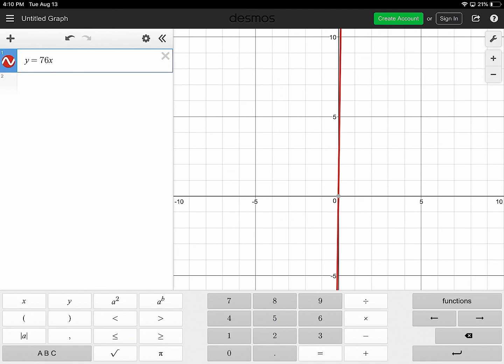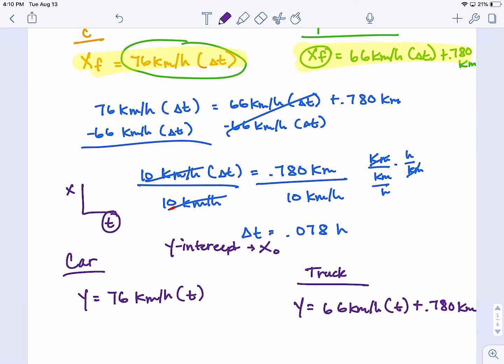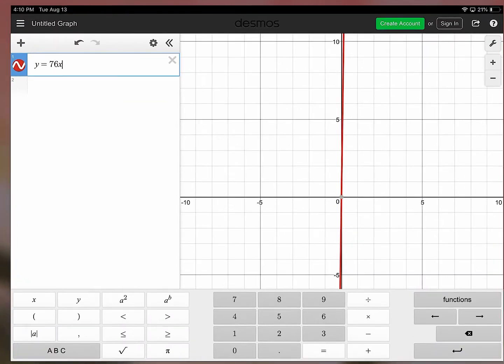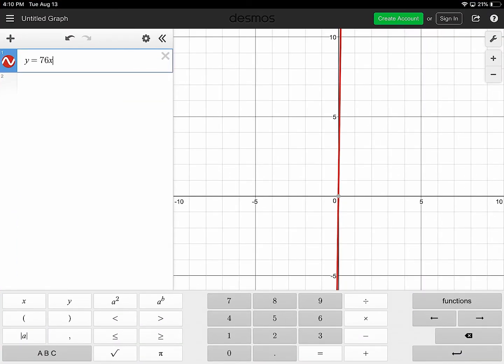Okay, I'm just going to make sure that's right. So y equals 76x, perfect. That's for the car. And then for the truck, we have y equals 66x plus 0.780.